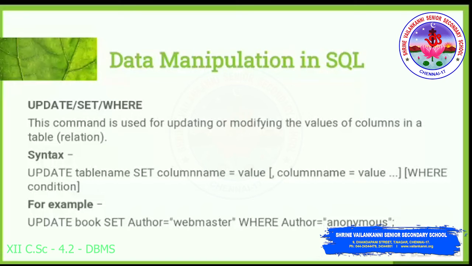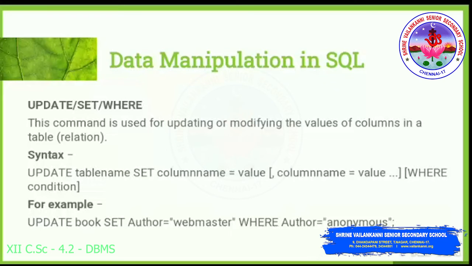Update set where. This command is used for updating or modifying the values of the columns in a relation. The syntax is update table name set column name equal to value. We can have multiple values for multiple columns, and it goes on in such a way until we reach the where condition.